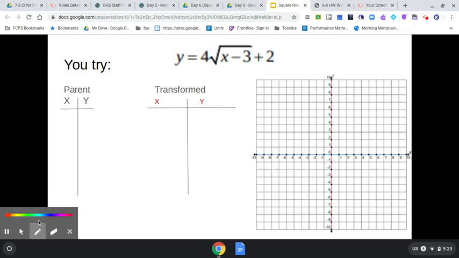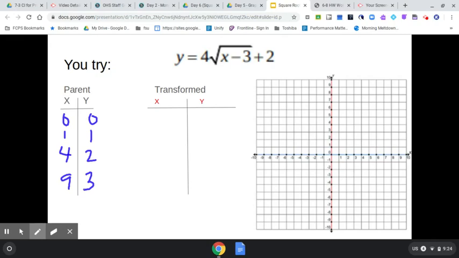Okay, hopefully you took some time to graph this on your own, guys. Thinking about my transformed function here, there is going to be a stretch vertically, a shift right 3 units, and a shift up 2 units. So the x value, I'm going to add 3 since it's going right 3. The y value is being stretched by a factor of 4, and it's being shifted up 2 units.